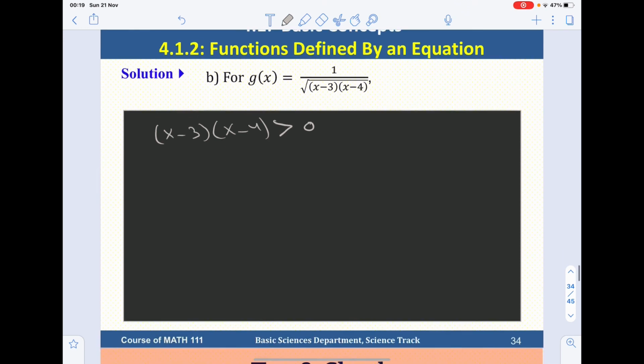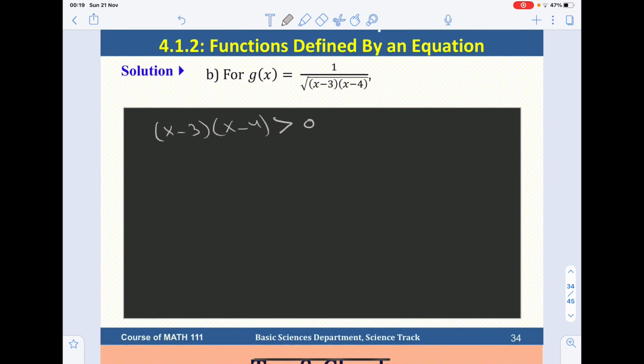Now we're going to solve this just like solving the quadratic inequalities. And when we solve the quadratic inequalities, we find the zeros of the quadratic. Here the zeros are x equals 3 and x equals 4.